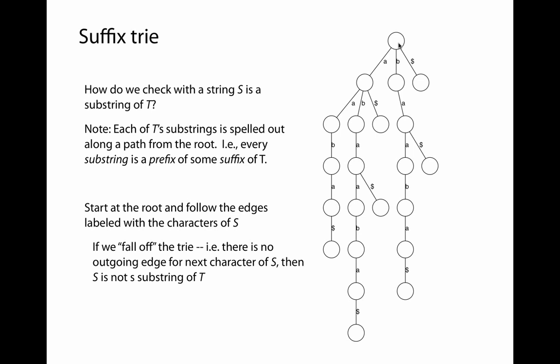If we ever find that there is no outgoing edge with the label that corresponds to the next character in S, then we say that we have fallen off the trie, and that means that S is not a substring of T. If that doesn't happen, if we exhaust all the characters of S without ever falling off the trie, then S is a substring of T.